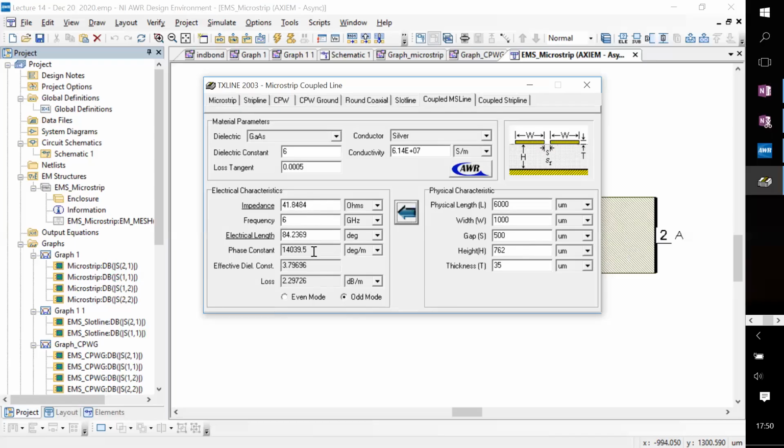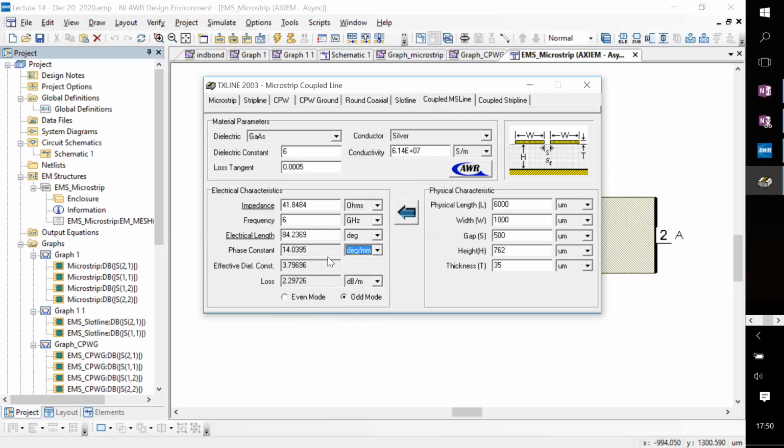The other thing which I had pointed out to you, again with respect to the microstrip structure, is that the phase constant is different for the even and the odd mode. And this is essentially connected to the speed of propagation of that particular mode. So for the odd mode, let's go to degrees per millimeter.